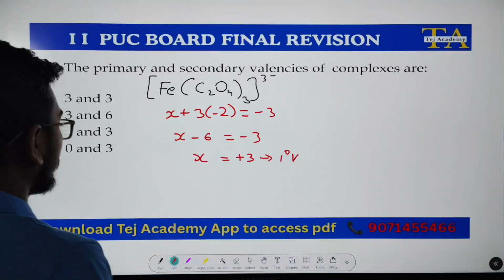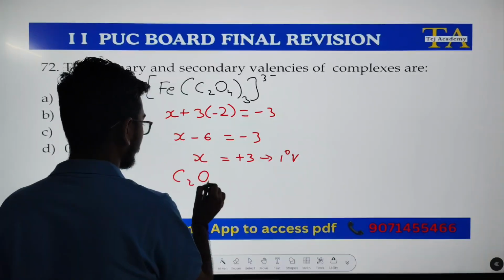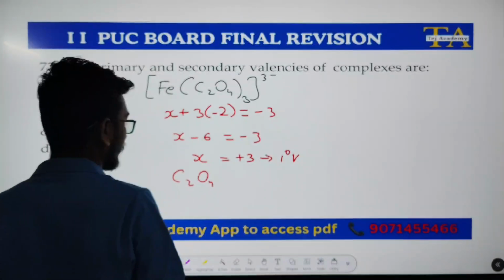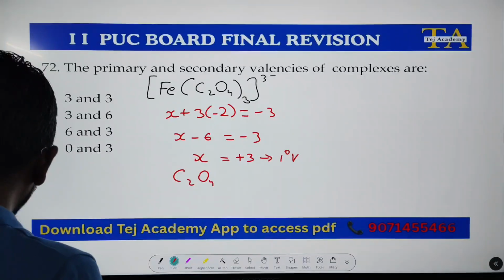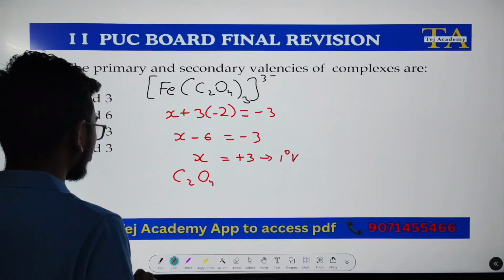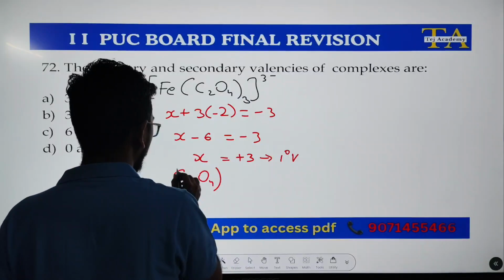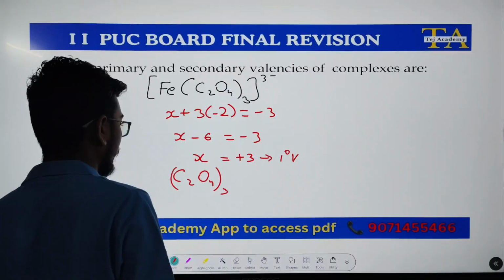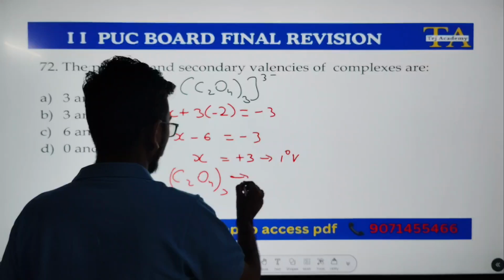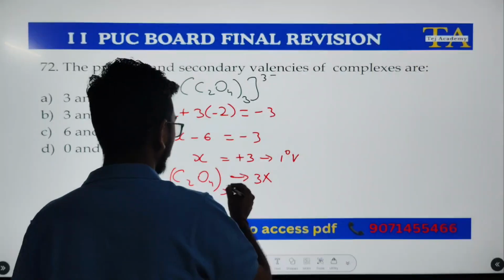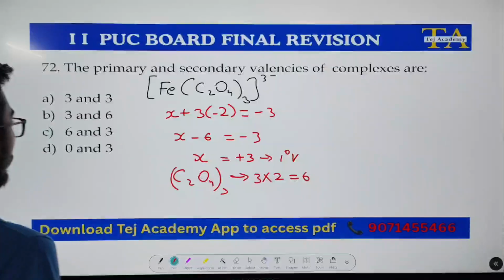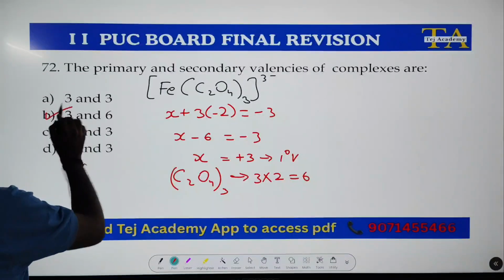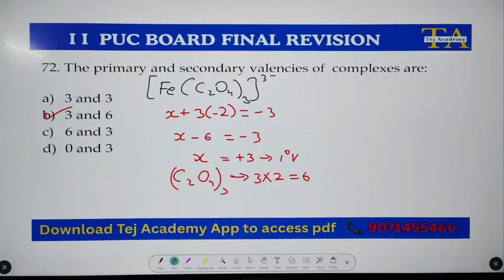Secondary valency, now C2O4 we are having here how many molecules? 3 molecules. So we multiply with the bidentate ligand, so 3 twos are 6. So our answer is 3 and 6. Option B is the correct answer.